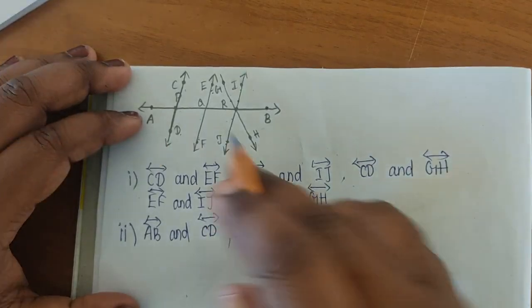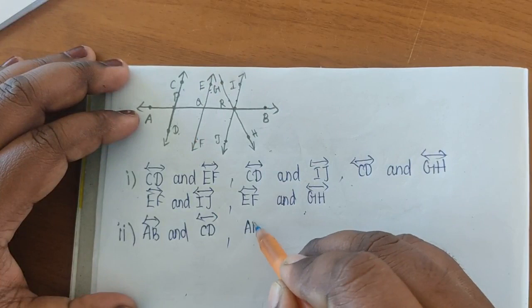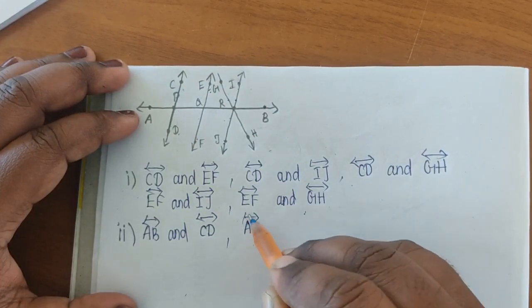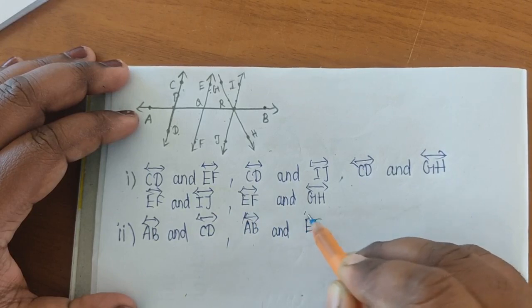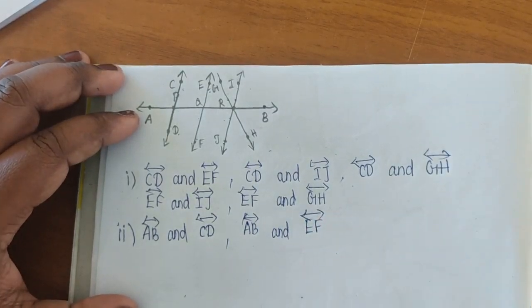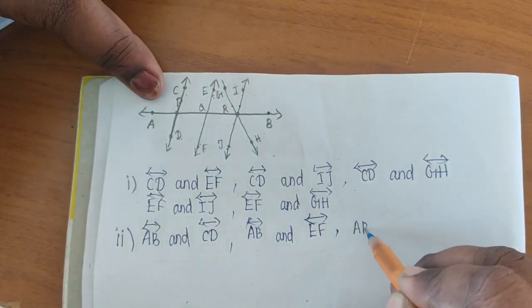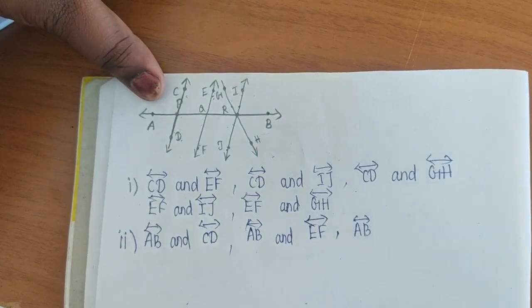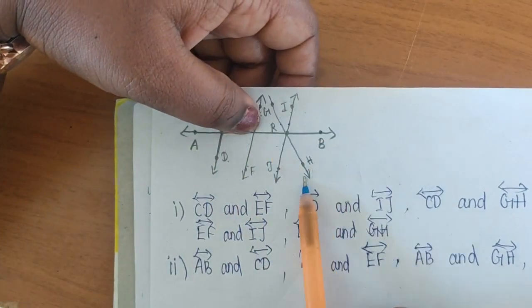Next one is AB and EF. Third one, AB and GH.